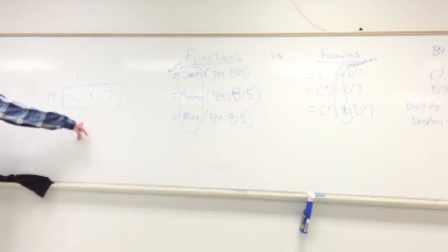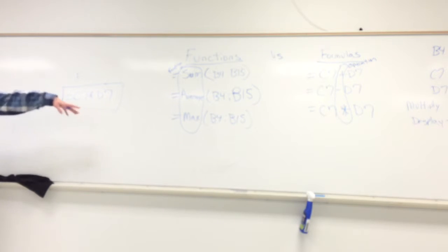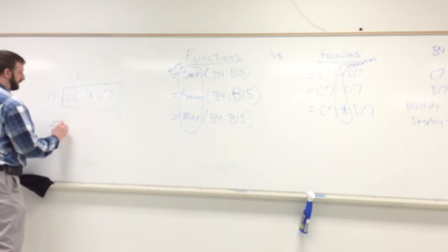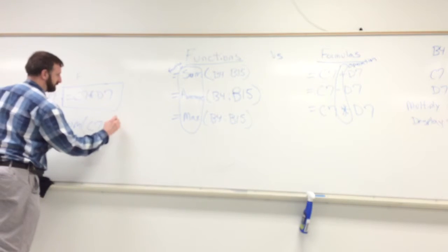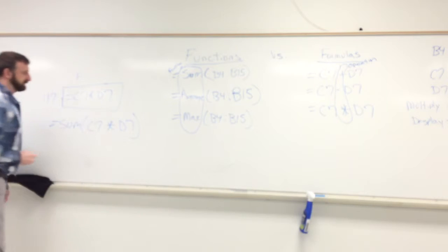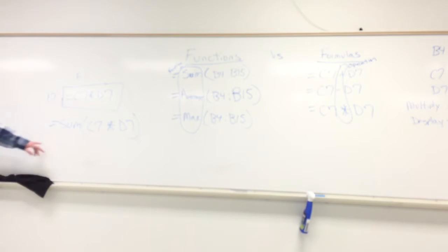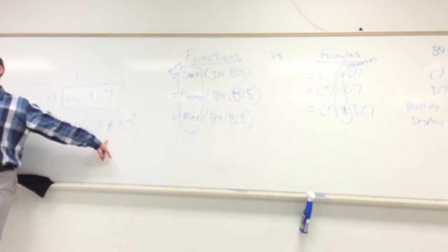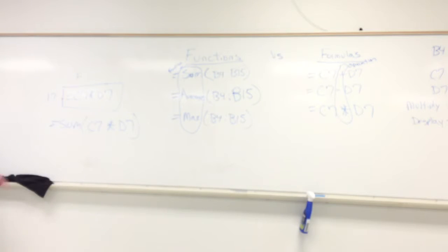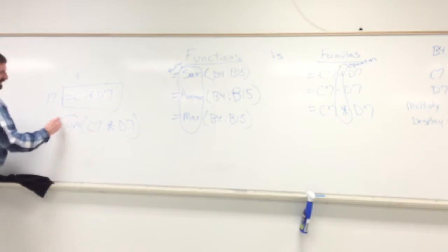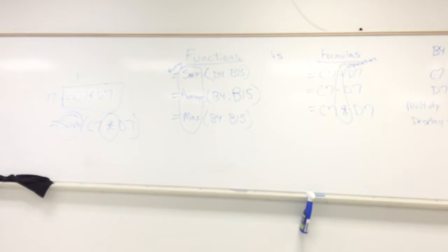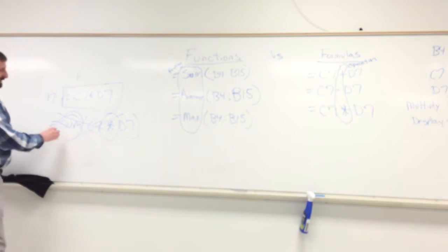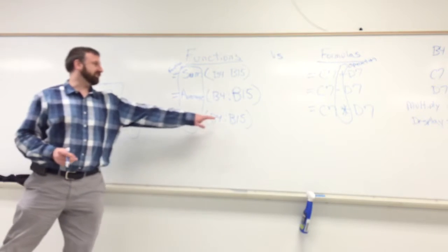What students like to do is you'll mix these up and want to do something like this. In some cases, you'll get the right answer by mistake, just for mathematics. But that's not right. You can't mix a function with a formula operator. So don't do this. If you have the function, it's just a range.